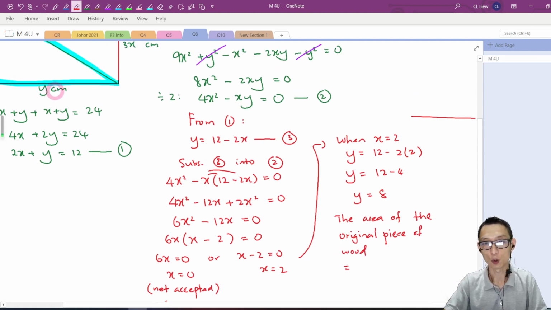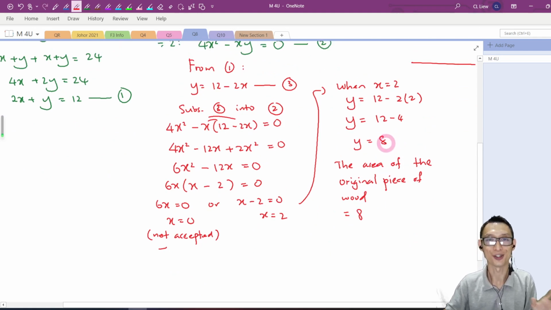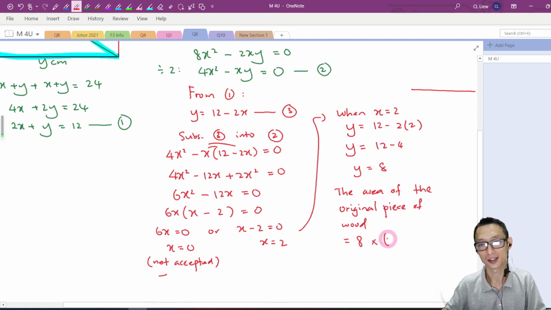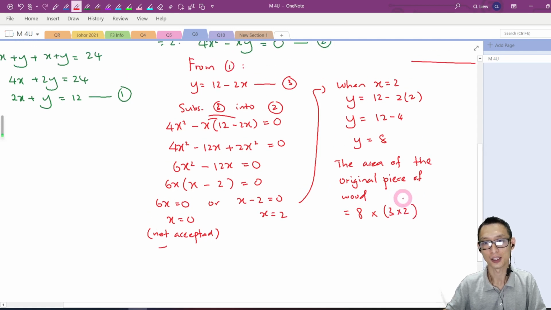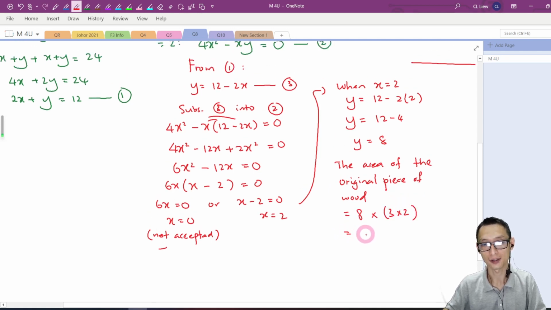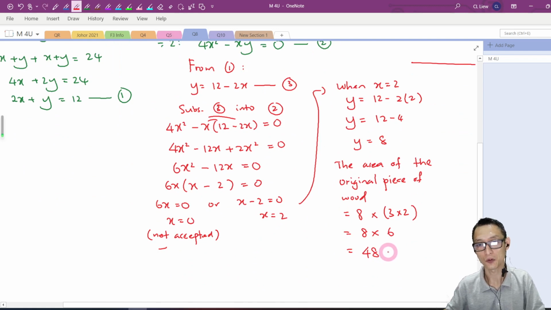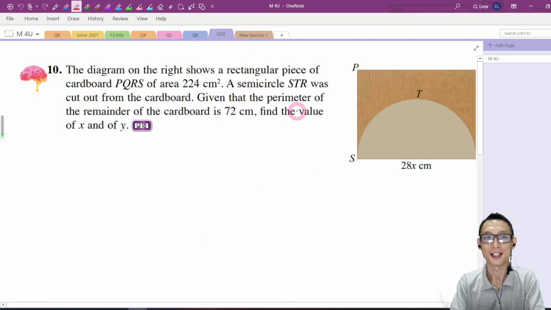Okay, the length will be y, which is equal to 8, times 3x. So this is width, this is length. Now we know that the area of the original piece of wood will be 48 square centimeter.